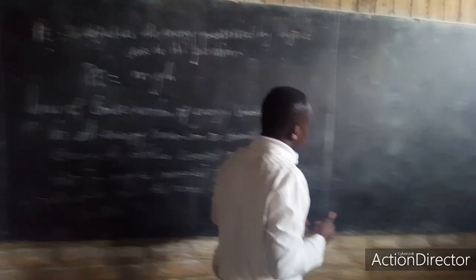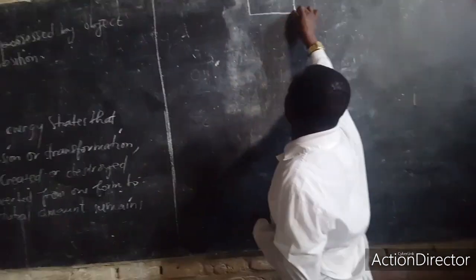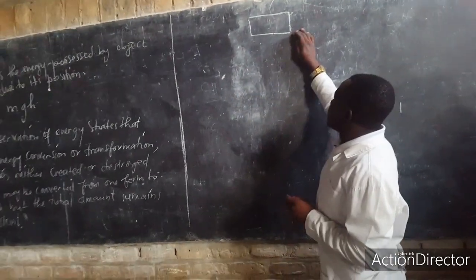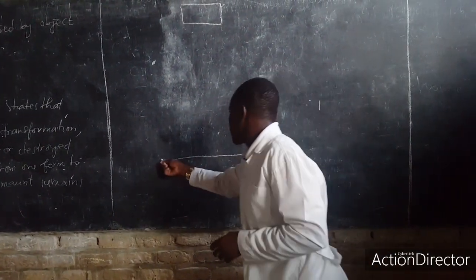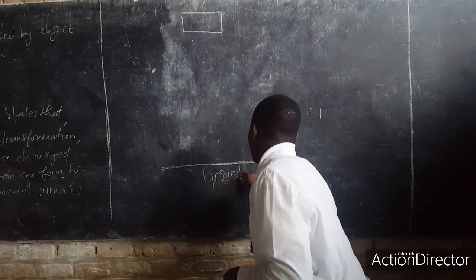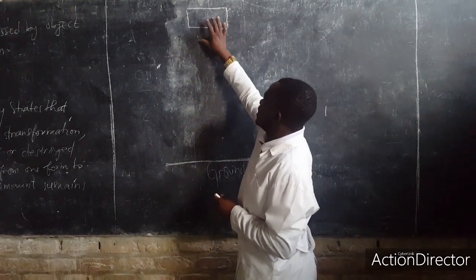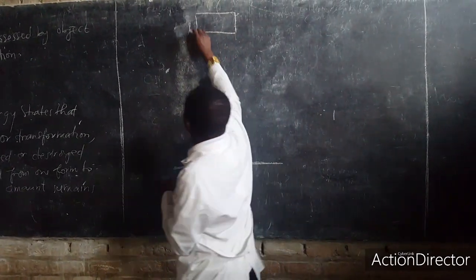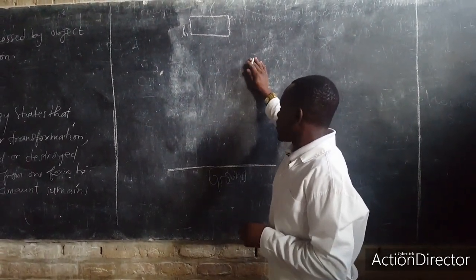Let us consider an object which is at a height from the ground. Let us consider that this is the ground. Our object, which is at our height, is going to be released freely downward.